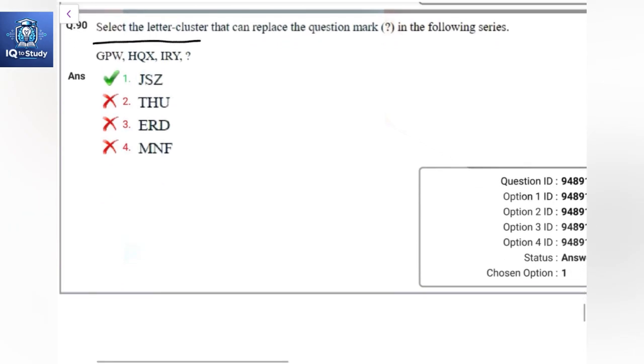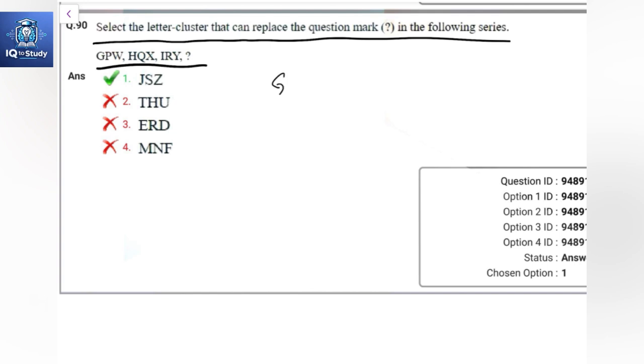Select the letter cluster that can replace the question mark in the following series. Given the series is G, P, W, H, Q, X, I, ?, Y. The logic is G plus 1 is H. Here we are taking positional values.